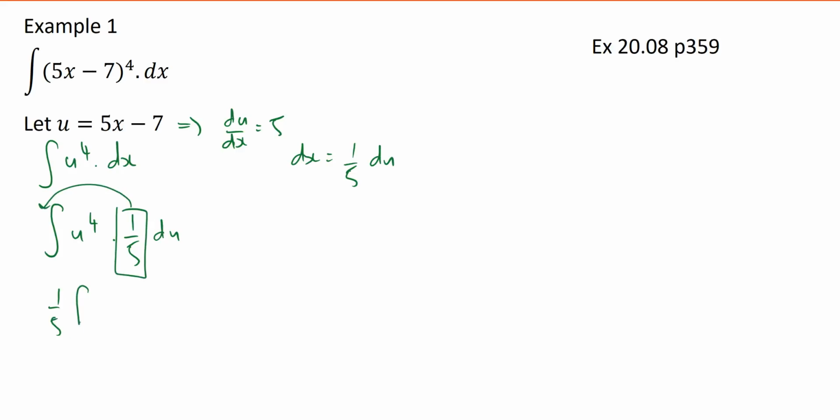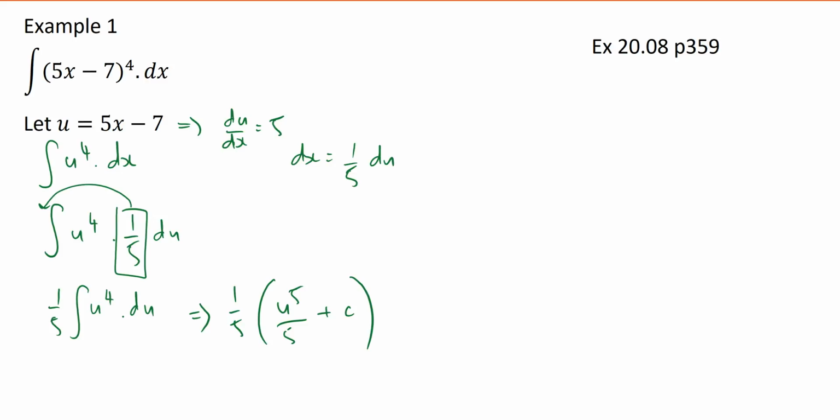So now I'm integrating u to the power of 4 with respect to u. What's that answer? U to the power of 5 over 5, and it's a fifth of that.